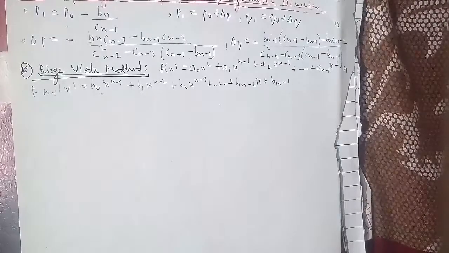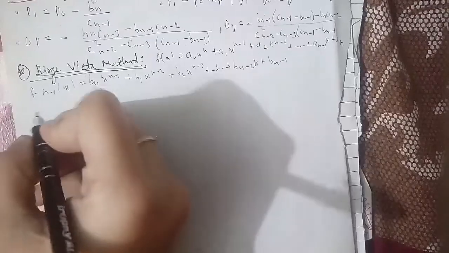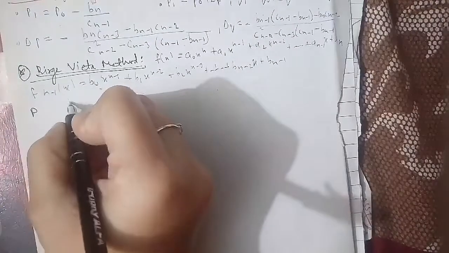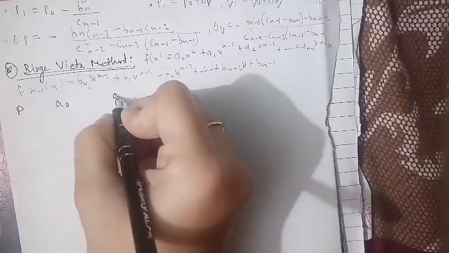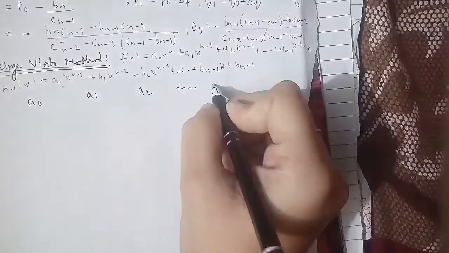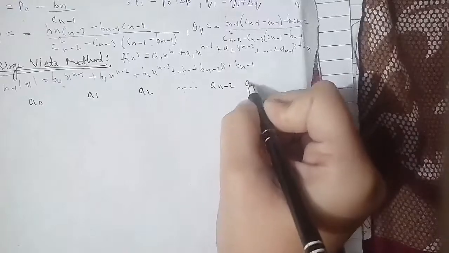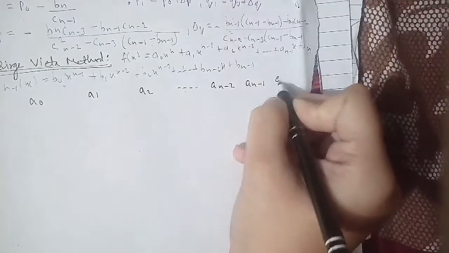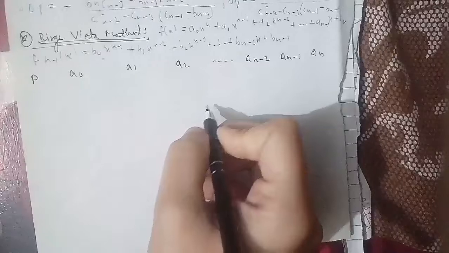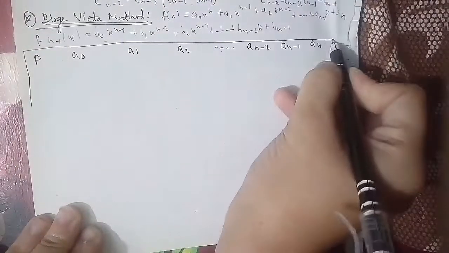So for that, it is here, and that is for b, which we are representing as a value. So we'll go ahead further. Now we'll put the values for this.